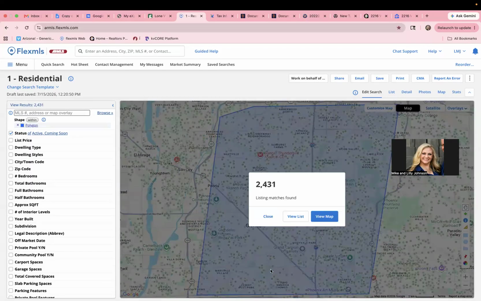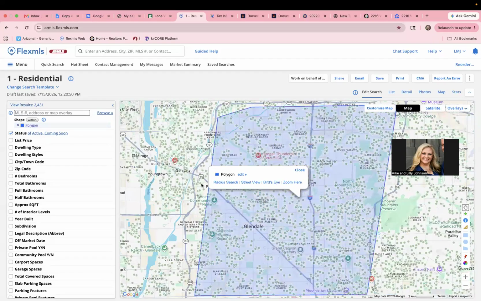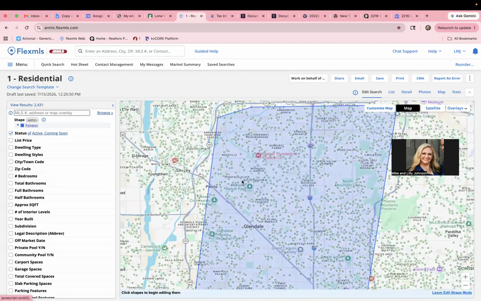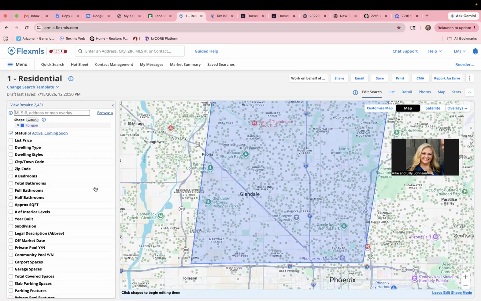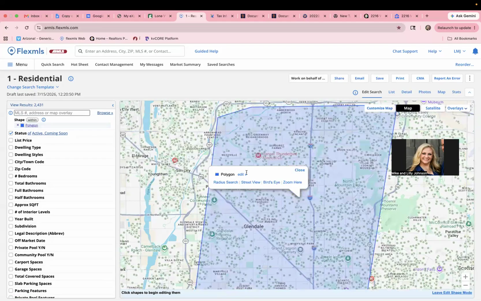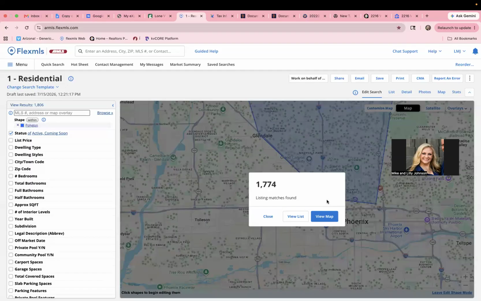I see Grand there. It could be different, but I just know that sometimes people don't want to cross that. So I think I'm gonna change my shape here. I don't think they want to cross that.